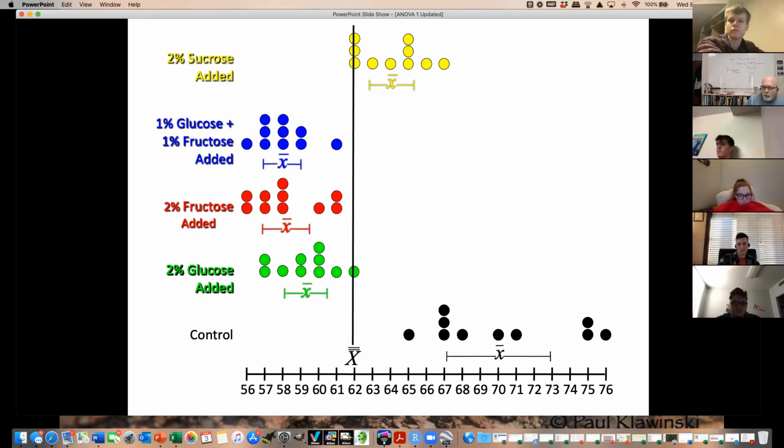And the grand mean is useful because this would be the average that we would expect if all of the treatments were drawn from the same underlying statistical population. And we're testing to see if that's the case, or is the control drawn from one population and everybody else is drawn from a different population?